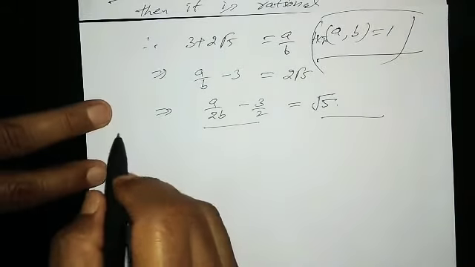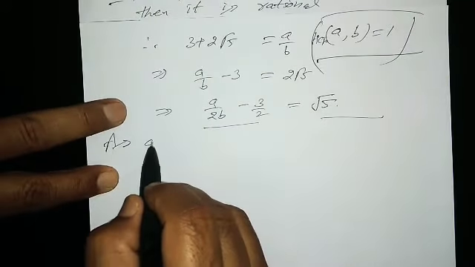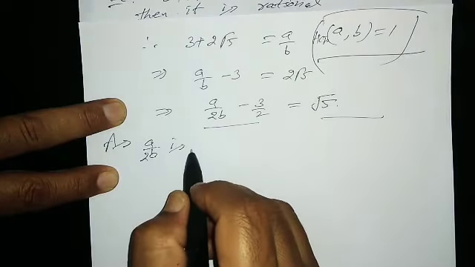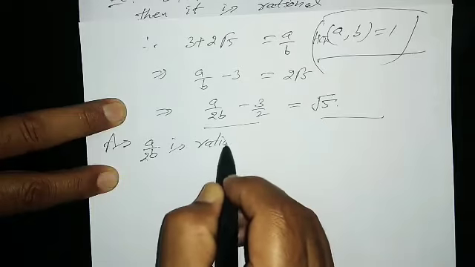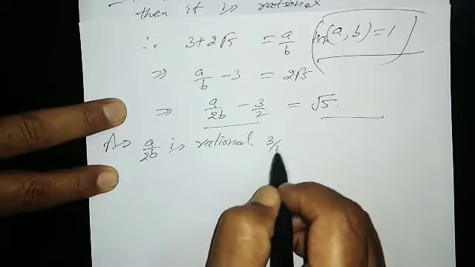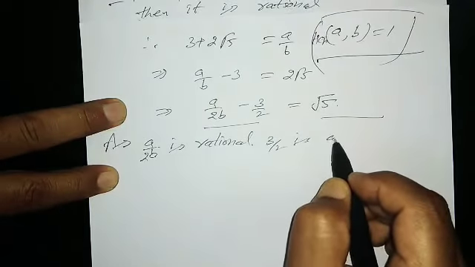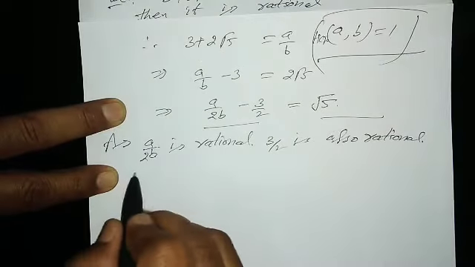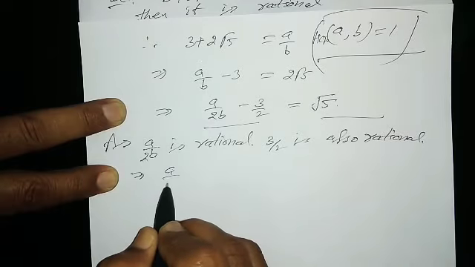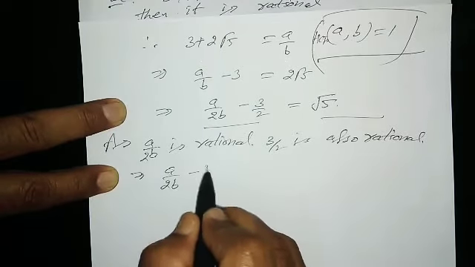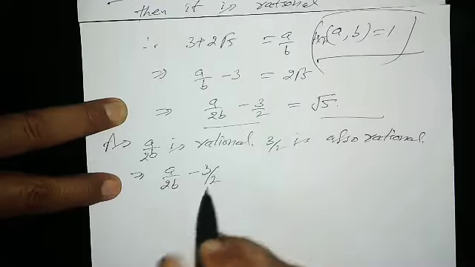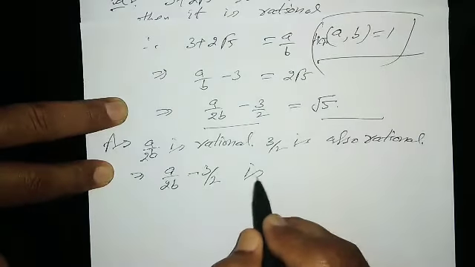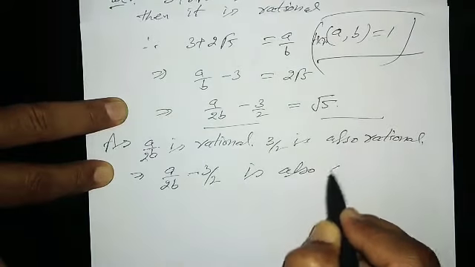Now, as a divided by b is rational, 3 by 2 is also rational. So the operation subtraction is applied here, and we get that this number is also rational.